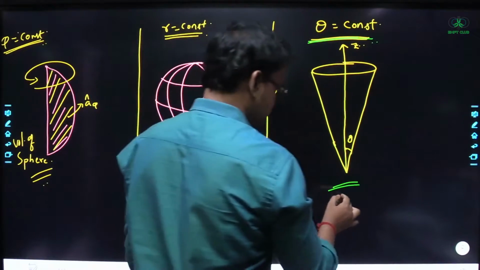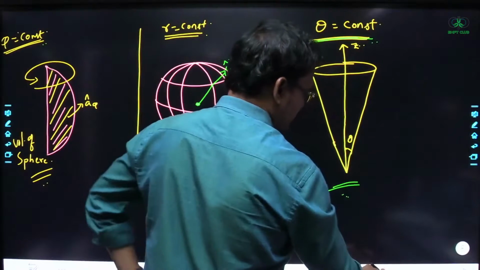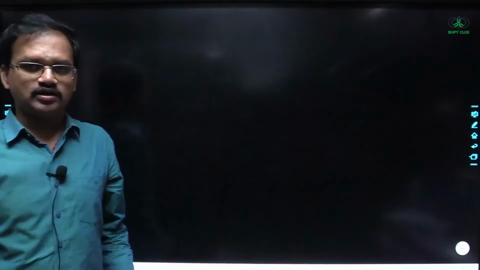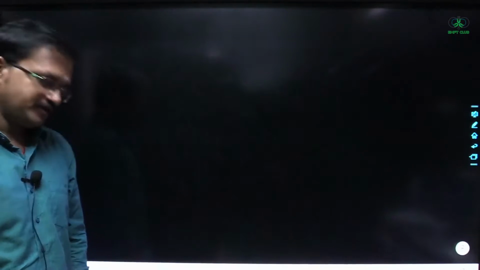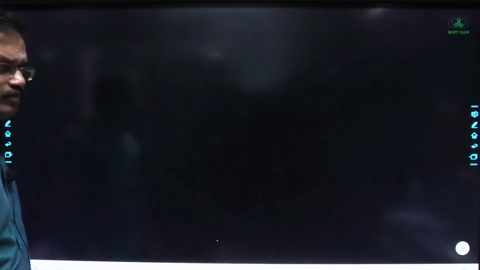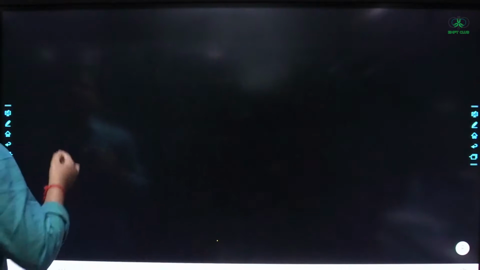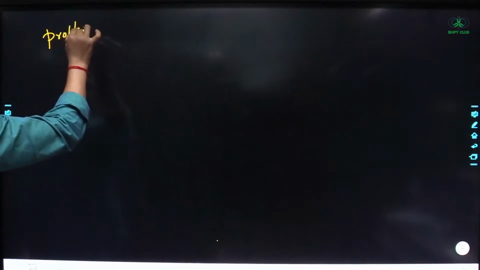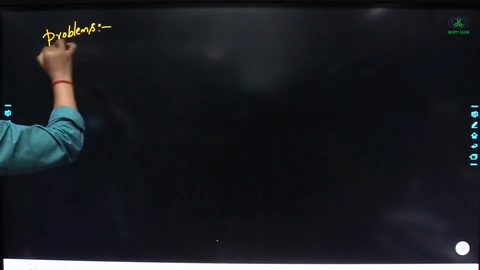I hope this point is crystal clear. Next, we have determined the differential volume, and also the total volume of the sphere. So next, we will try to solve some problems based on coordinate systems.